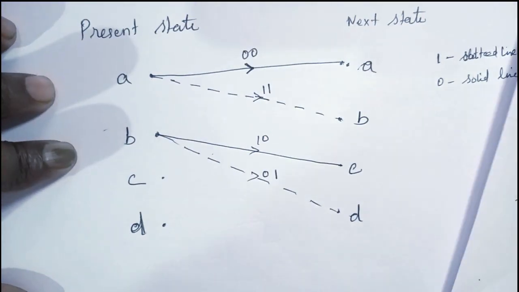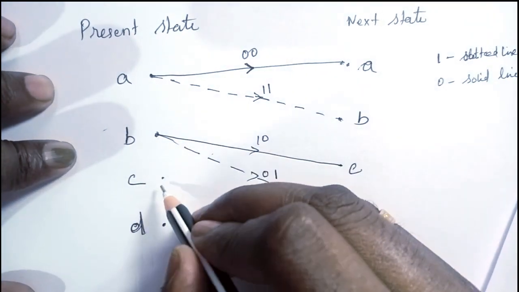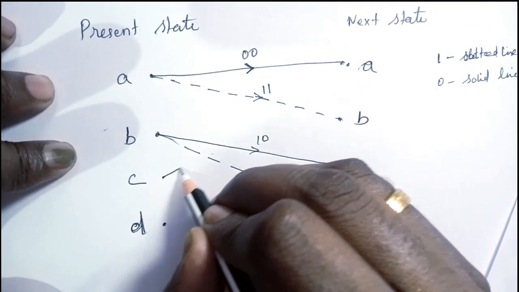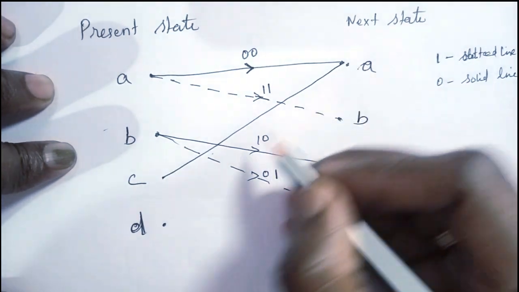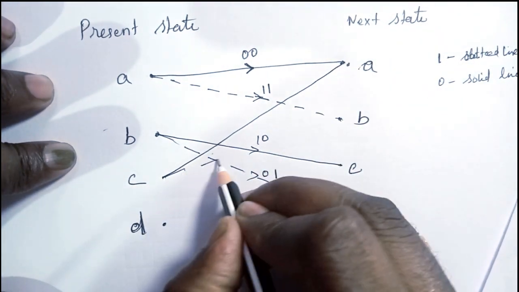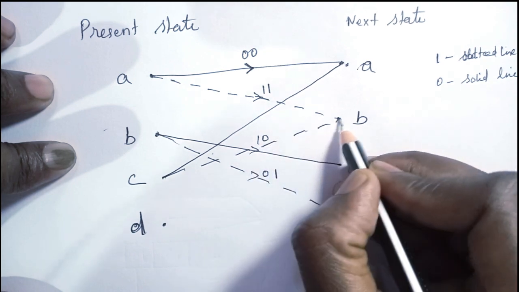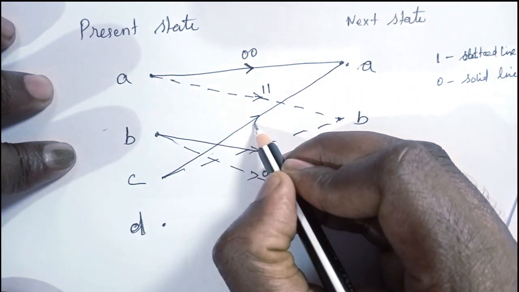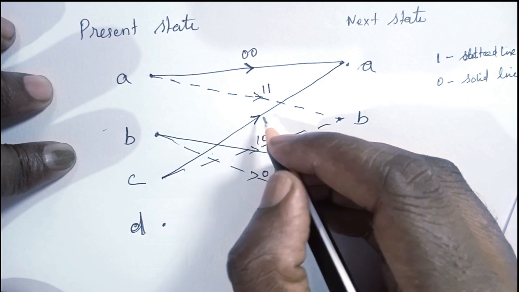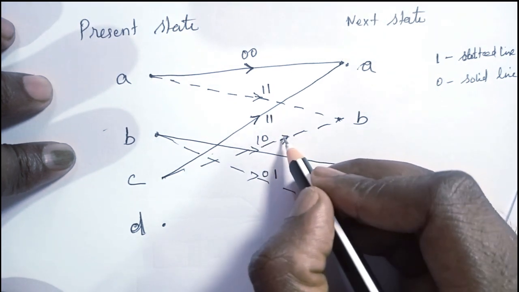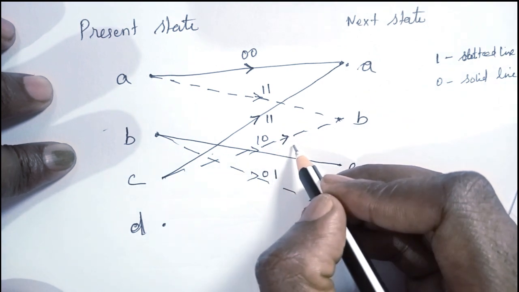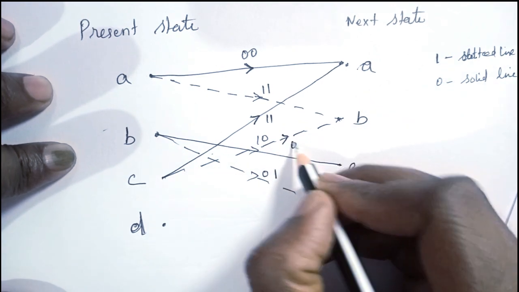If the input from state C is 0, the output is 1 1, and if the input is 1, the output is 0 0.